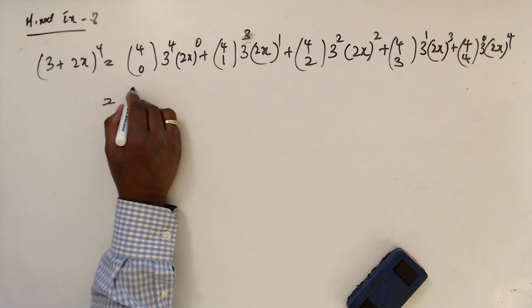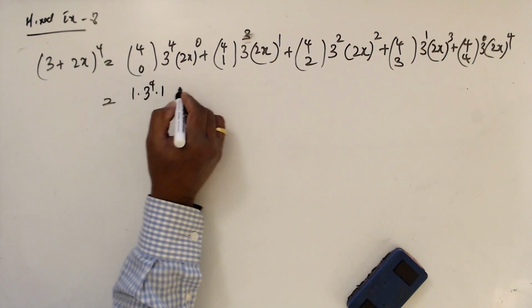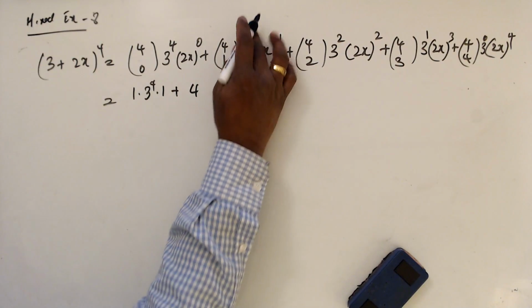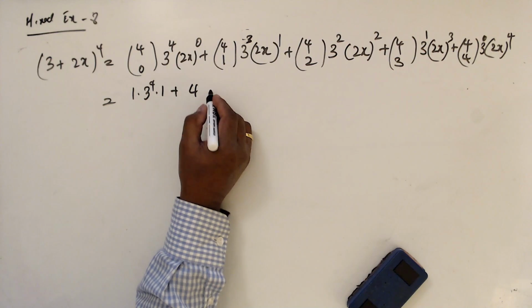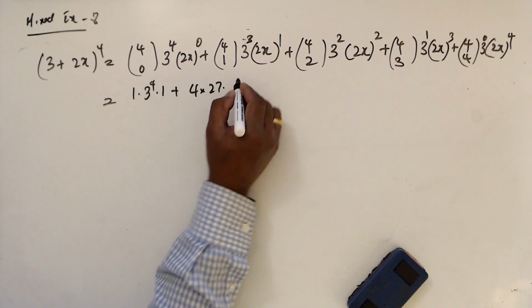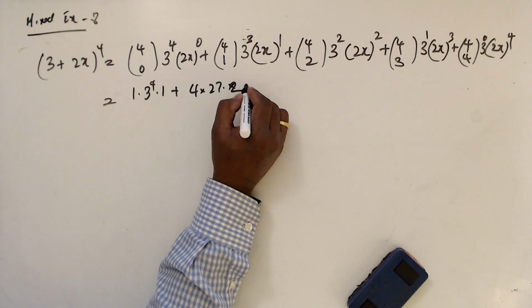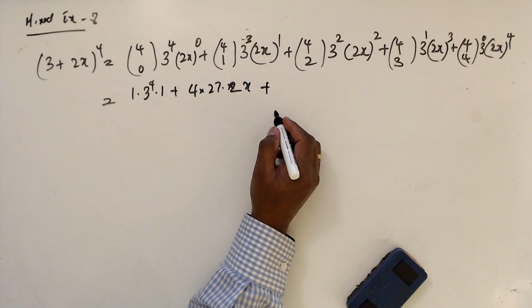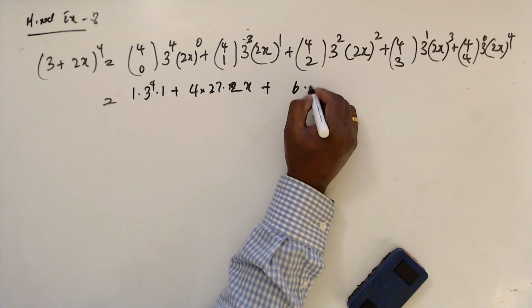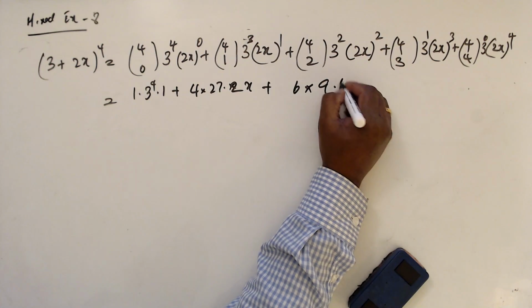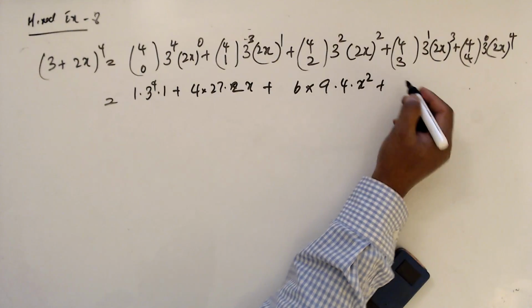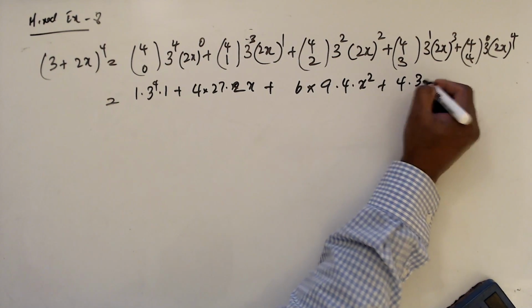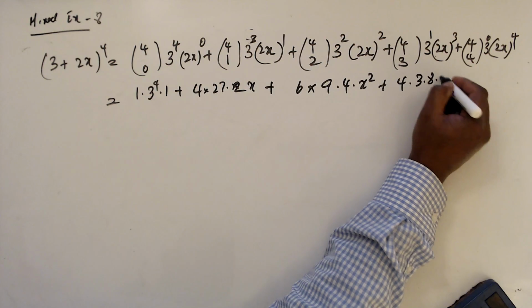This is going to be 1 times 3 to the power 4 times 1, plus 4 times 3 to the power 3, 27 times 2x, plus 6 times 3 squared, 9, times 4x squared, plus again 4 times 3 times 2 to the power 3, 8x cubed.